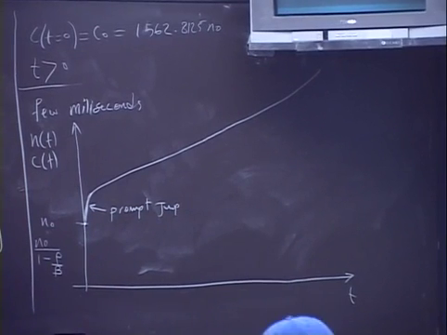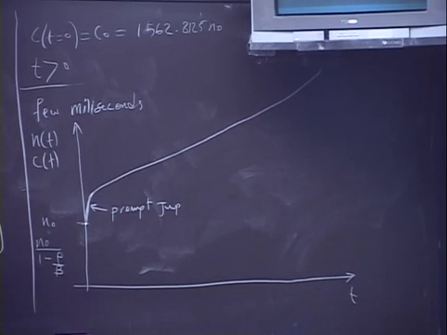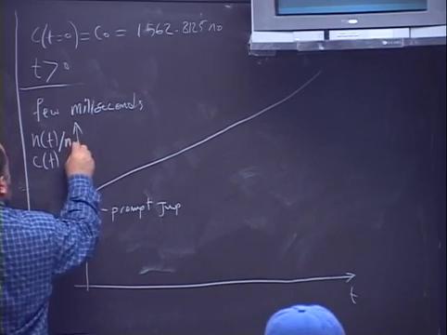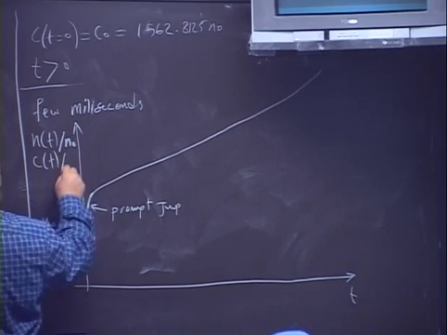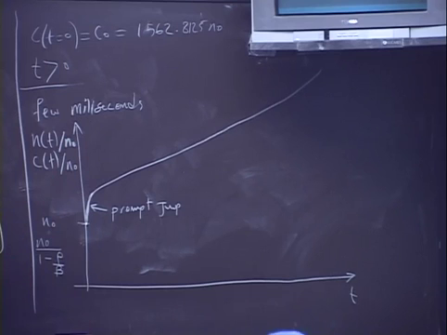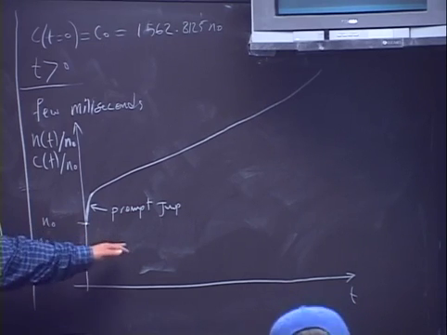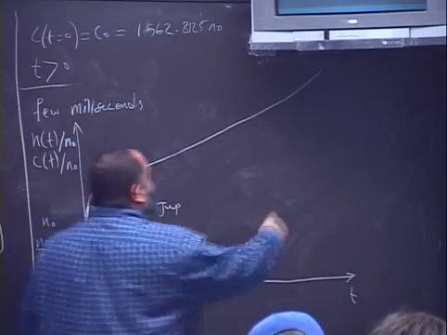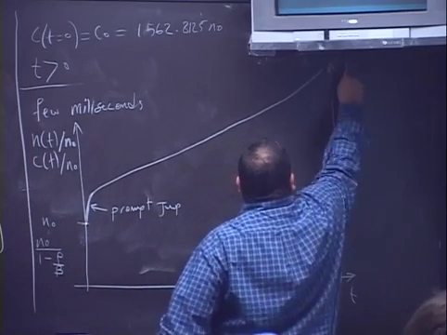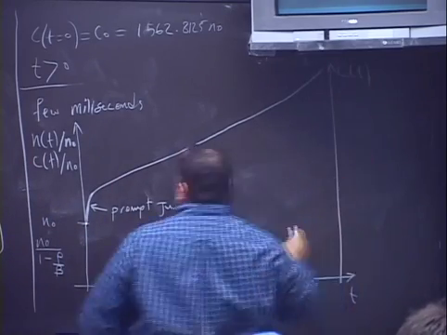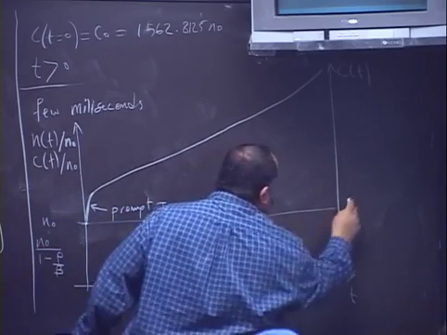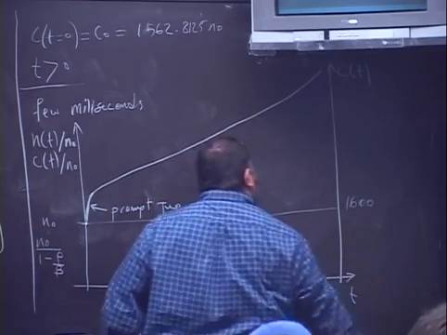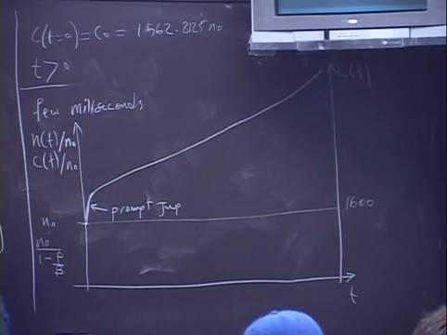Okay, guys? This is n of t over n naught, and c of t over n naught. Although C naught is 1600 times, I will just plot both in the same plot. But you have actually to look at another axis here for what? For C of t, and this point should correspond to what? 1600.